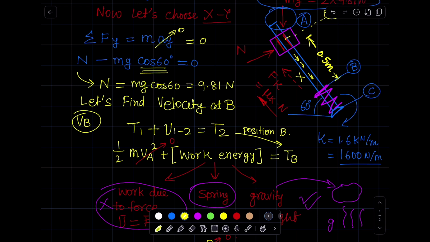Look at this problem again to see how we calculate this vertical height h. Here I am drawing this line, this is h, the vertical distance, so this will be mgh.